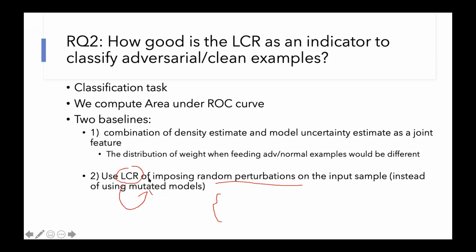Oh, I think for baseline 2 here, they are calculating LCR based on input samples instead of the model. So in this case, you should not use, I'm not sure whether you are using the terms in the papers or not. Yeah, in the paper. So this LCR is not this LCR. Am I correct?